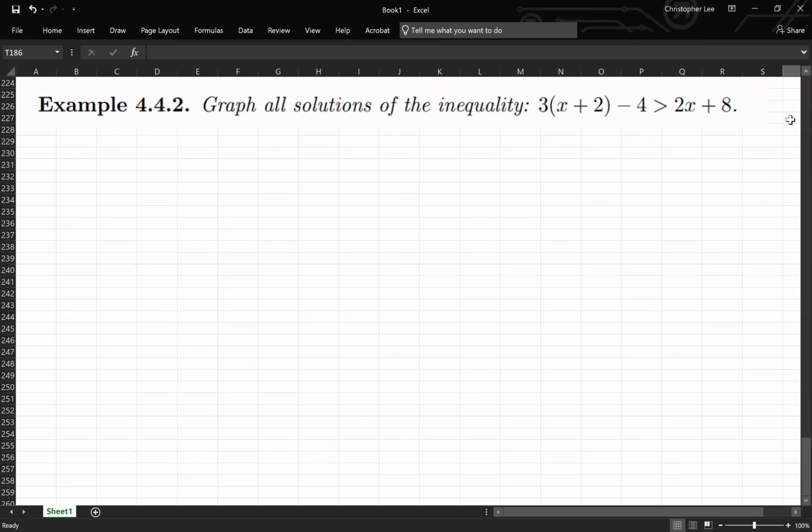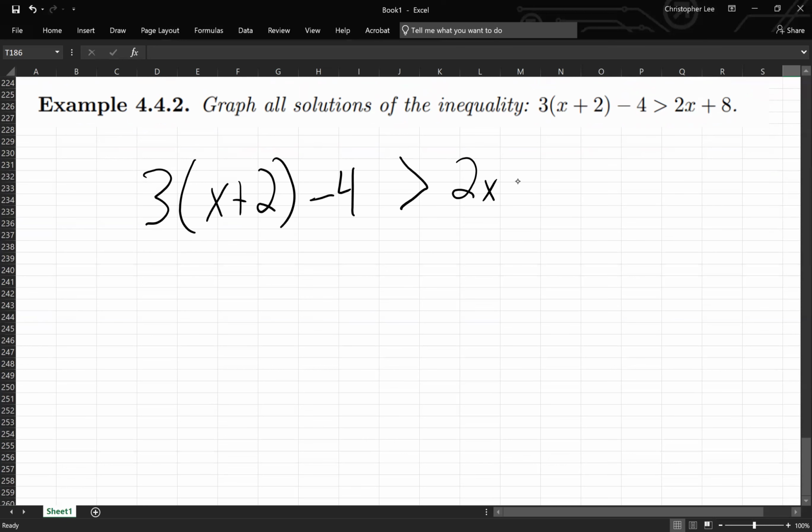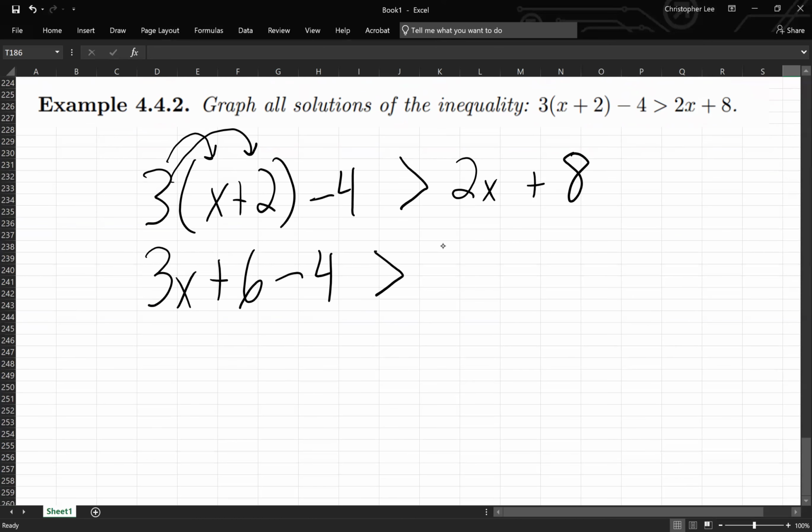So just to recap, I've got 3 times (x plus 2) minus 4 is greater than 2x plus 8. So what do you want to do here? First, you want to distribute that 3. So now I have 3x plus 6 minus 4 is greater than 2x plus 8.